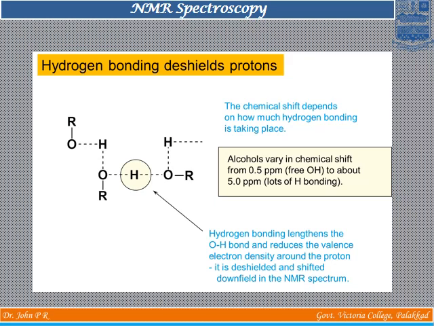And that makes many complexities while analyzing NMR spectra which contain these types of hydrogens. We already mentioned that in such cases, to confirm the presence of OH hydrogens or NH hydrogens, the usual technique is deuterium exchange. Now let us see how hydrogen bonding influences the chemical shift of hydrogens.